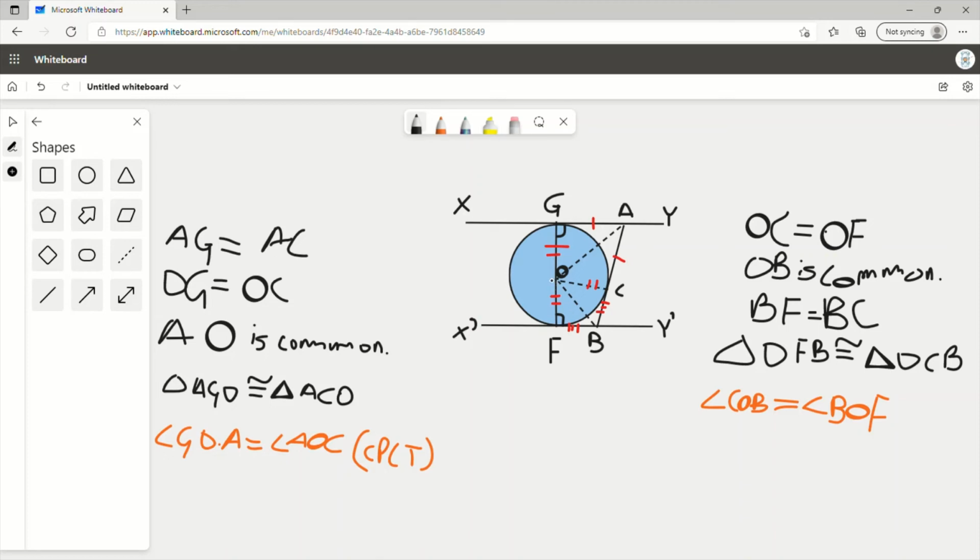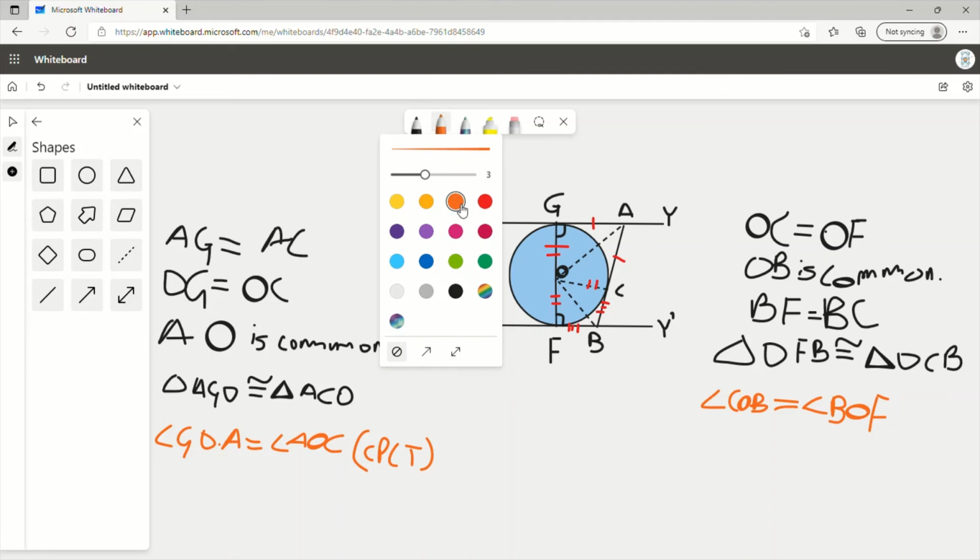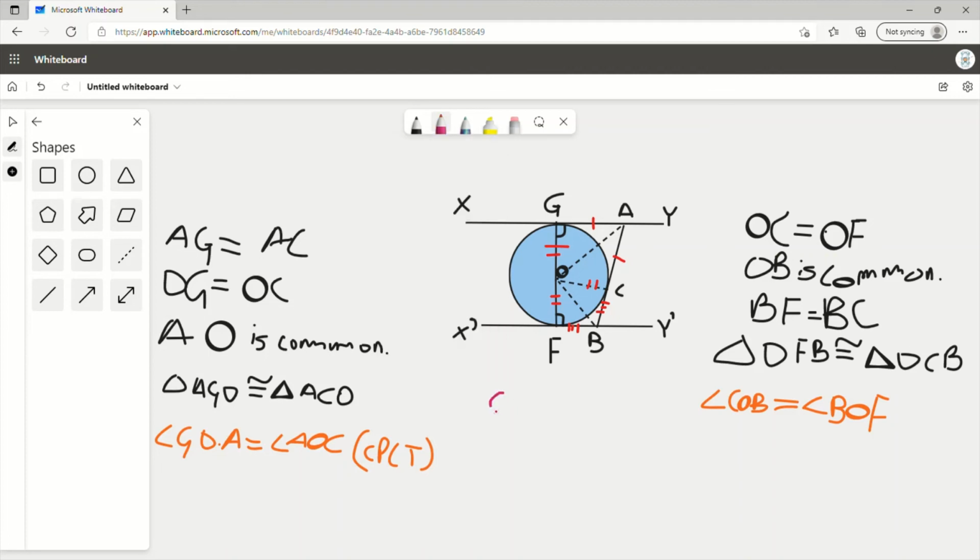And it goes through the O. So this is actually a diameter, and diameters are straight lines, so GF is a diameter.